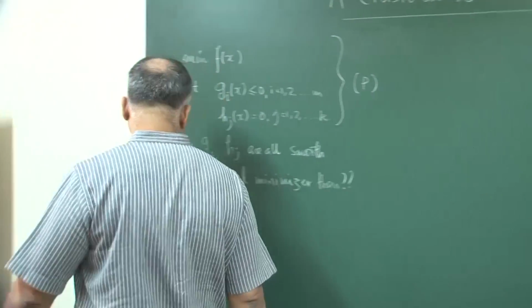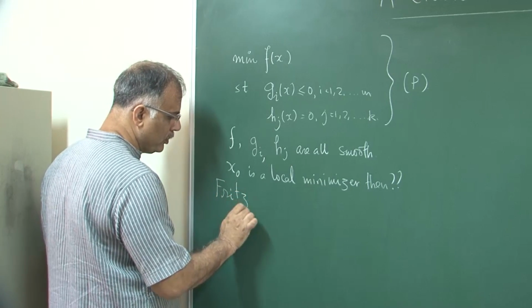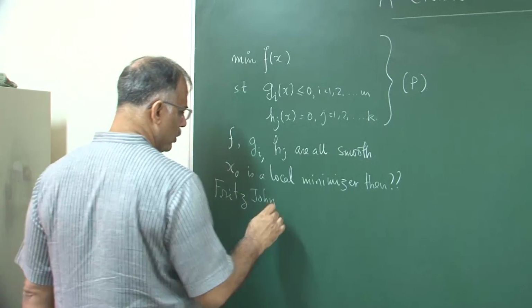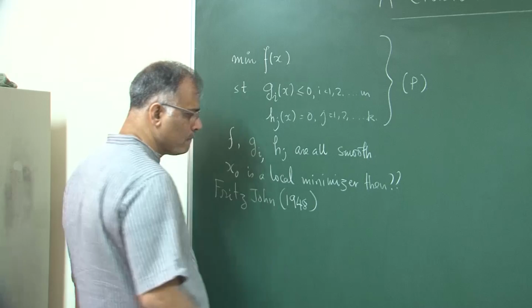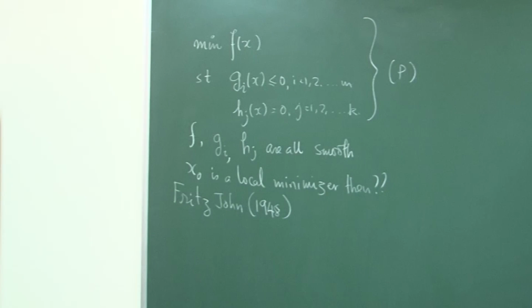So, it was Fritz John in 1948. Fritz John is one name, it is not two names. Usually some people also call them the John conditions. He wrote up a paper giving the necessary conditions and also used it to devise certain algorithms and sent it to Duke Journal of Mathematics, which rejected it, and later on he published in some conference proceedings.